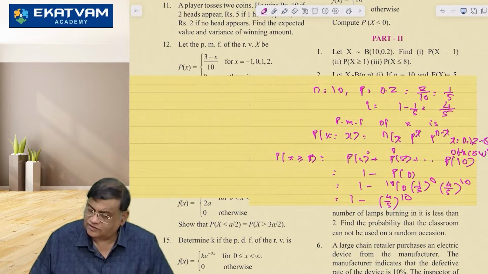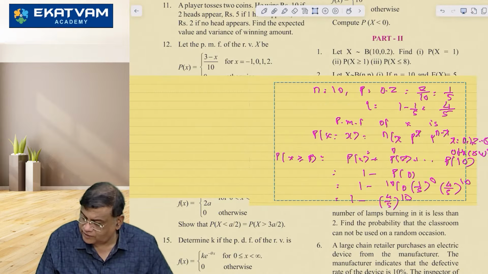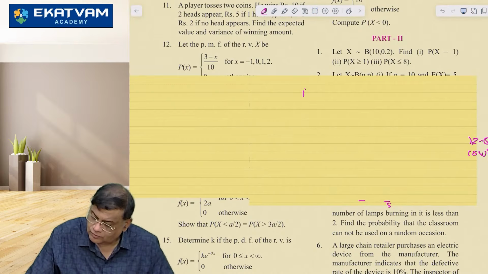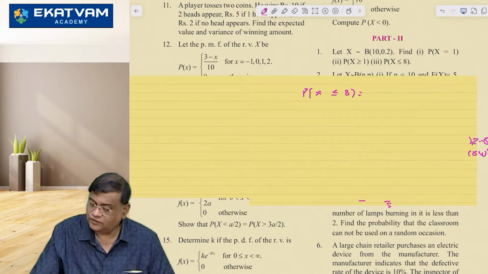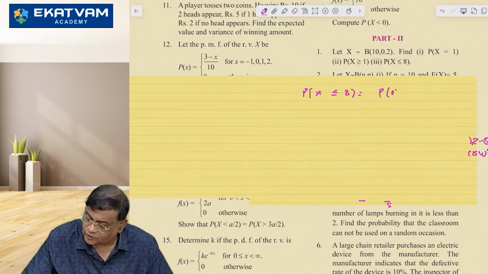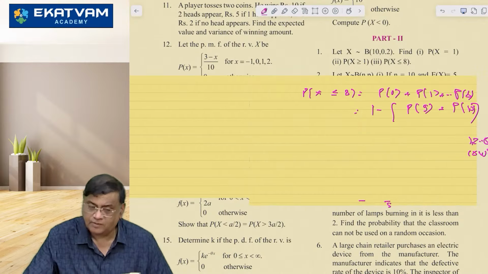बरोबर. x is less than or equal to 8. Probability of x is less than or equal to 8. This is equal to, it is probability of 0 plus probability of 1 up till probability of 8. Instead of that 1 minus probability of 9 plus probability of 10. दो probabilities को minus करना पड़ेगा.